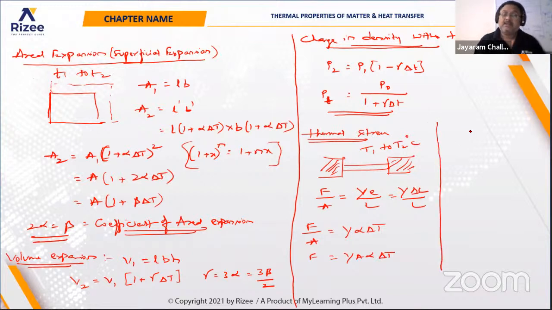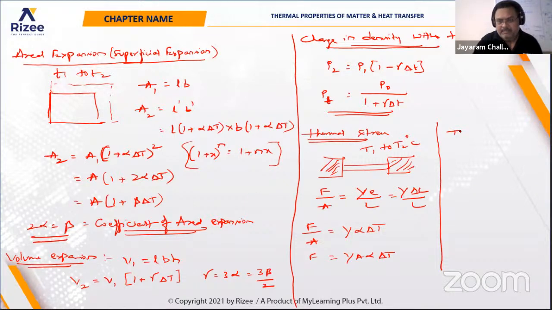Similarly, you can also take pendulum cases. Suppose a pendulum is suspended by a metal string. In summer, it will try to expand. If the length expands, the time period will also increase.